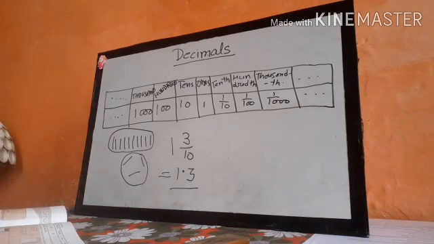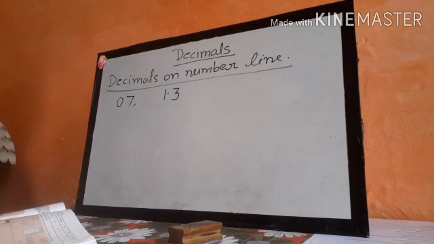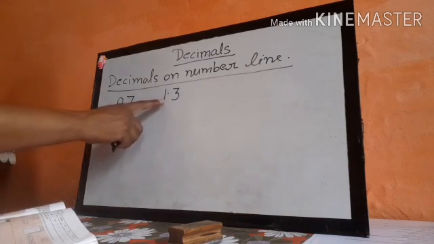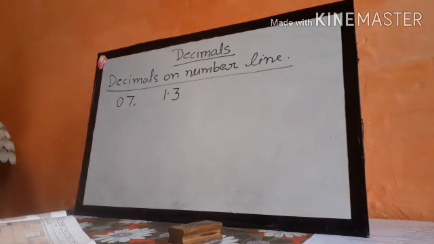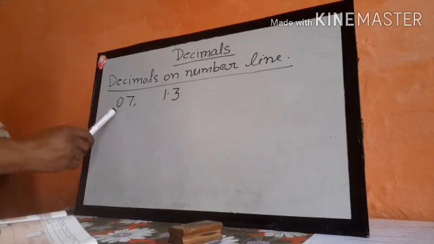Now I am going to tell you how to represent a decimal on the number line. Here, students, I am taking two examples. One is 0.7 and one is 1.3. There is a little difference in these two examples. The number on the left of the decimal always stands as the whole.